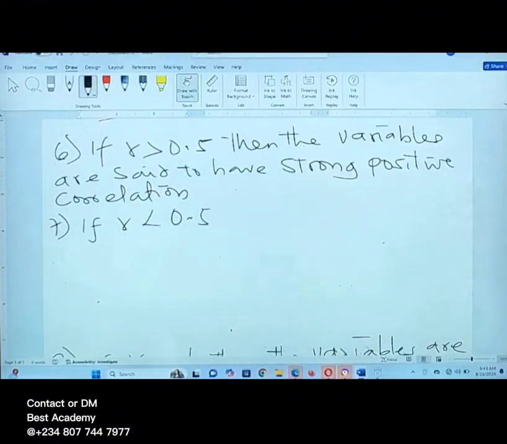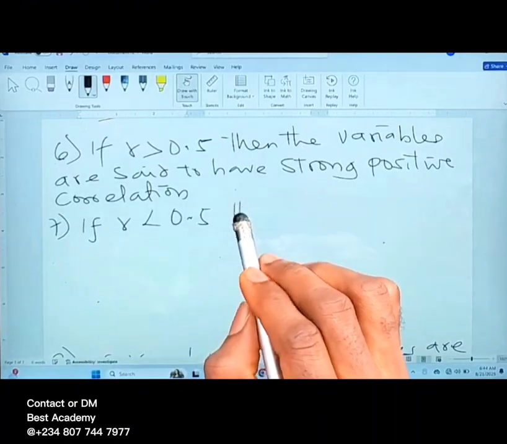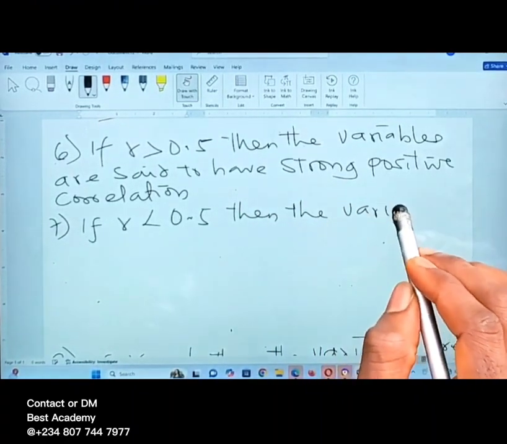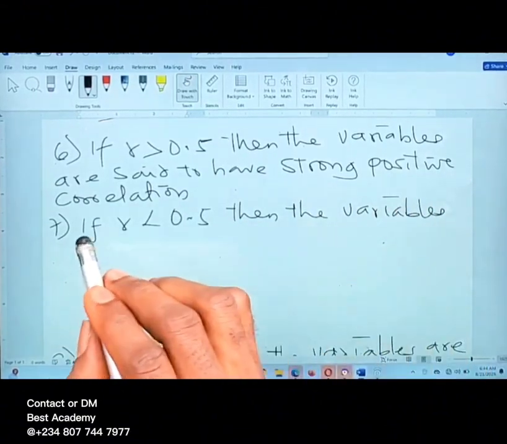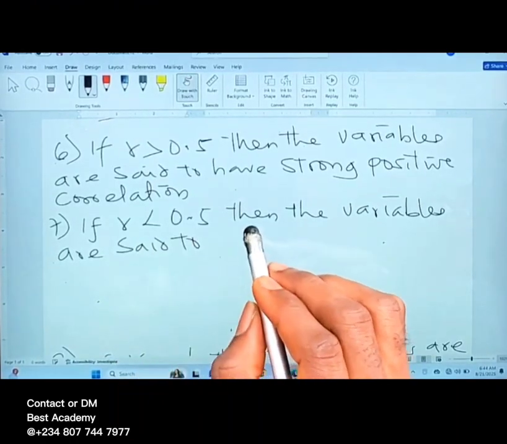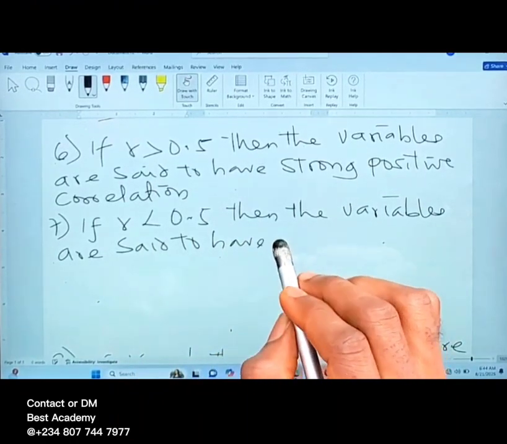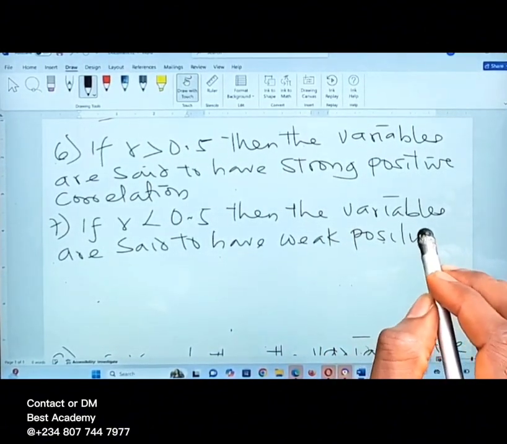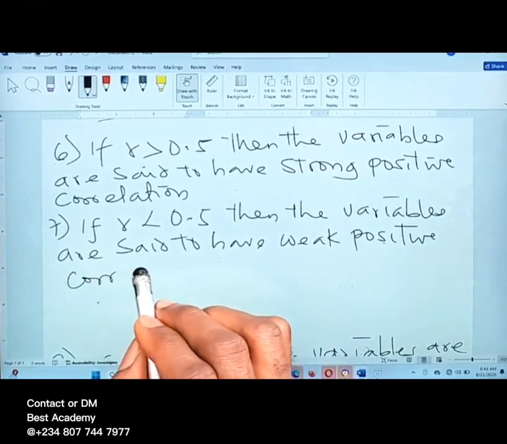All the numbers less than 0.5, then the variables are said to have weak positive correlation.